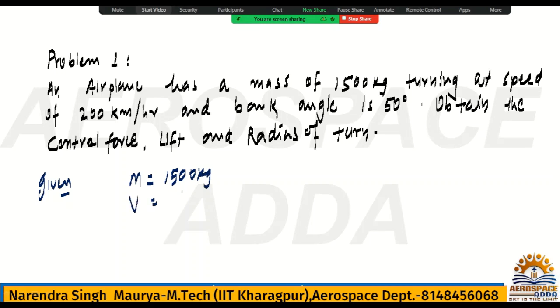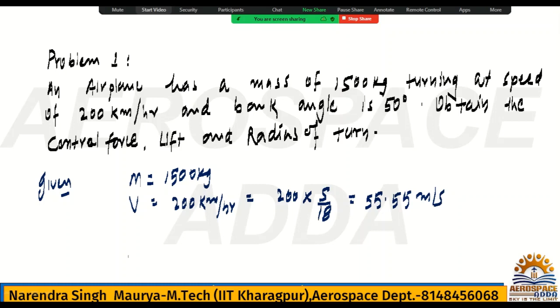Velocity, turning at speed they have given 200 kilometer per hour, converted into meter per second, so it is 200 into 5 divided by 18, which is 55.55 meter per second. Bank angle, the notation is phi, given as 50 degree. And remember, banking angle is always from the vertical plane.